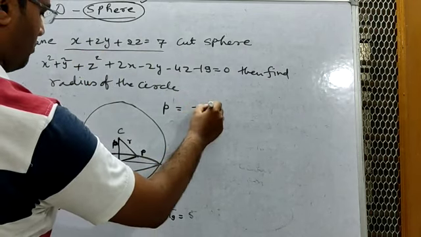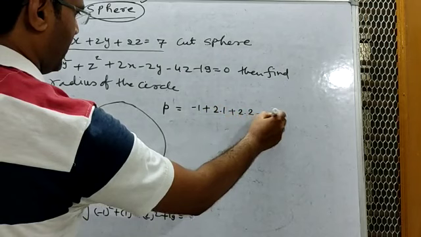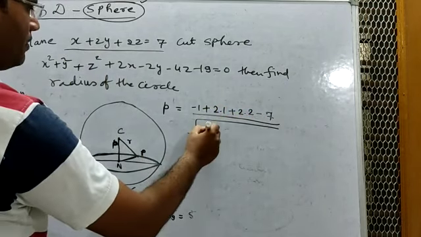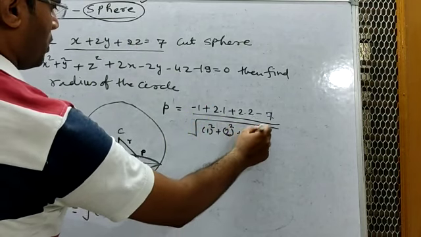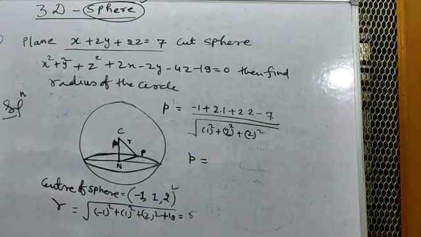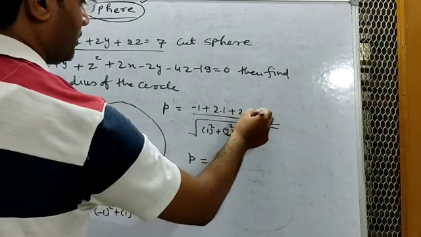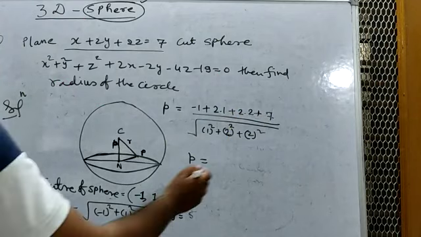Minus 1 plus 2 into 1 plus 2 into 2 minus 7, divided by the root of the coefficients of x, y and z, that is 1 square, 2 square plus 2 square. Now friends, what will we get? Minus 1, here with the value of plus 1 plus 7, so we will get 7 plus 4, 11, minus 7, our value will be 4.